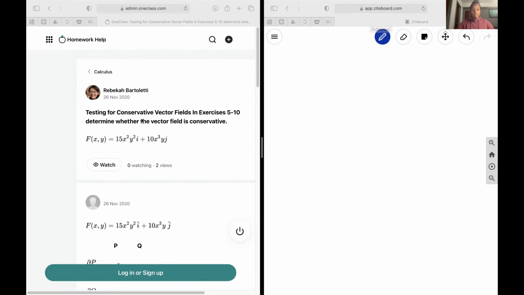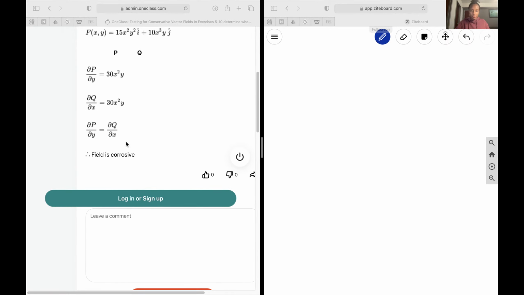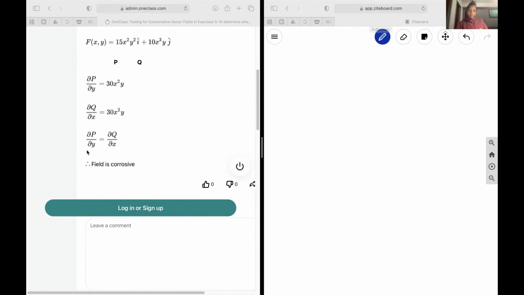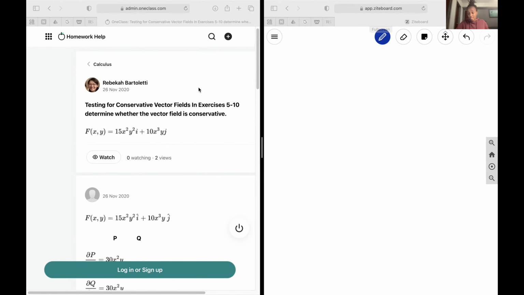Yeah, so the vector field is going to be conservative if the curl of the vector field is 0. The second way to check whether the field is conservative is using the method that we have here. A vector field being conservative means that it is path independent.